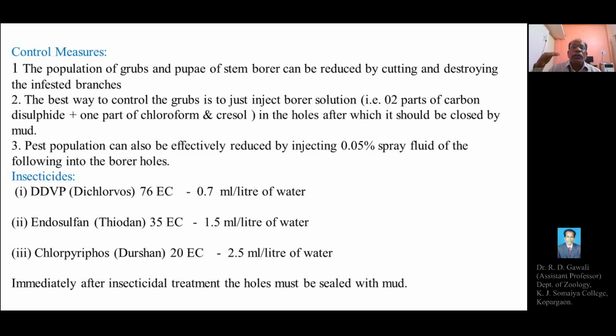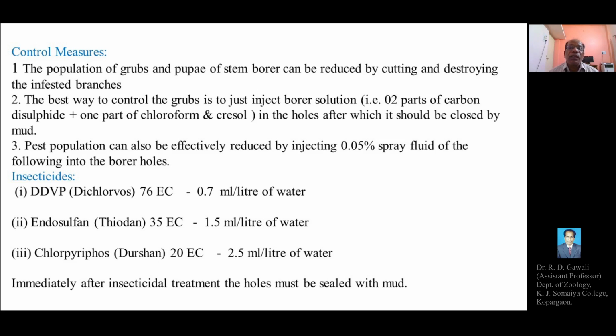So the best way to control the grubs is to just inject the borer solution in the holes or the burrows, after which it should be closed by mud. Then the pest population can also be effectively reduced.